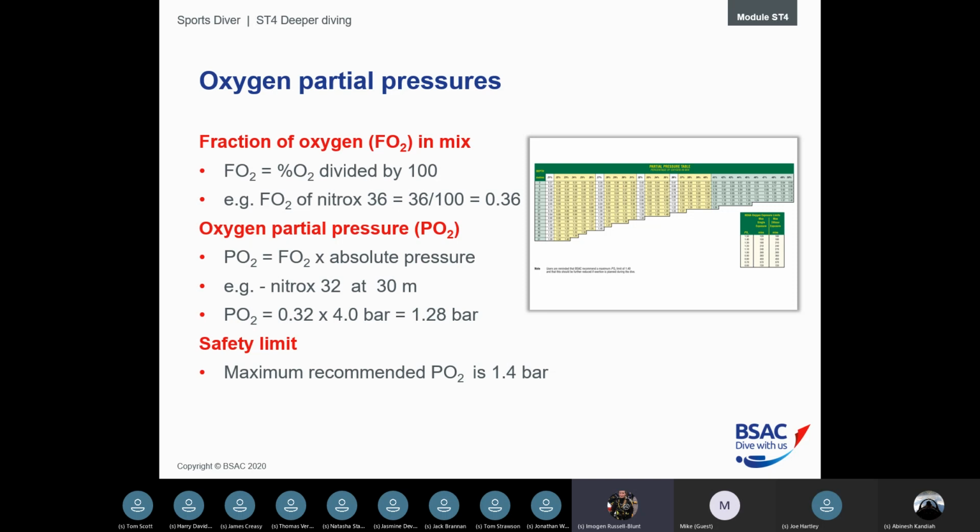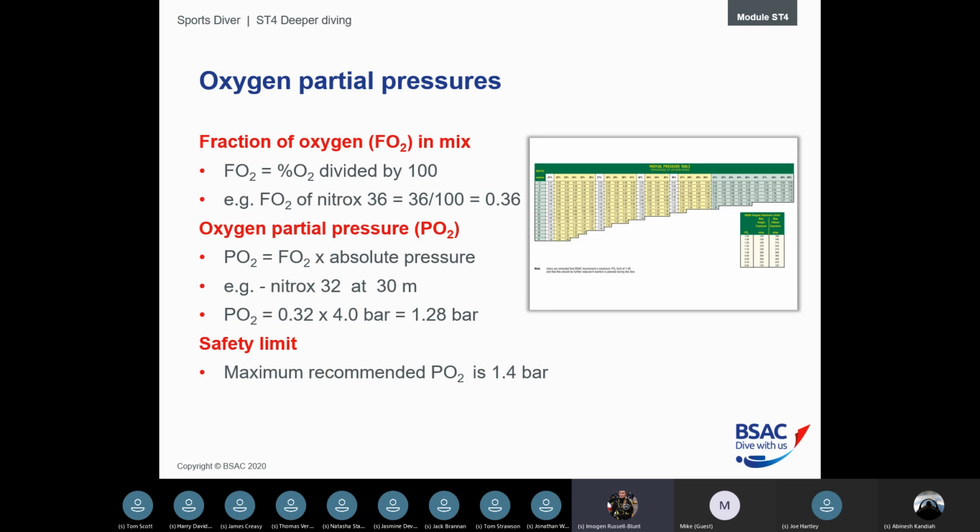So this is where we start to use a bit of maths and a bit of formulae. You will need to know these for the exam, maybe, possibly, but they're quite simple. And obviously we're all university students, so I think we can probably get our heads around this. The fraction of your oxygen in the mix of gas that you've got is the percentage of oxygen in the gas divided by 100.